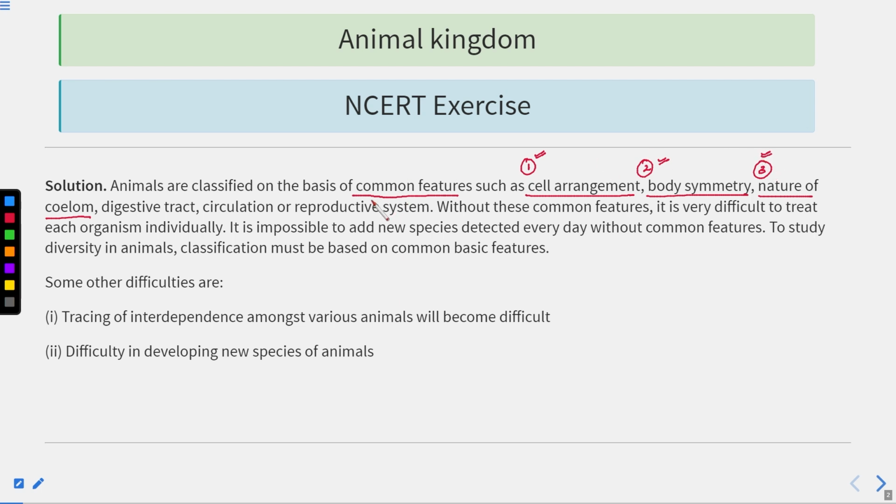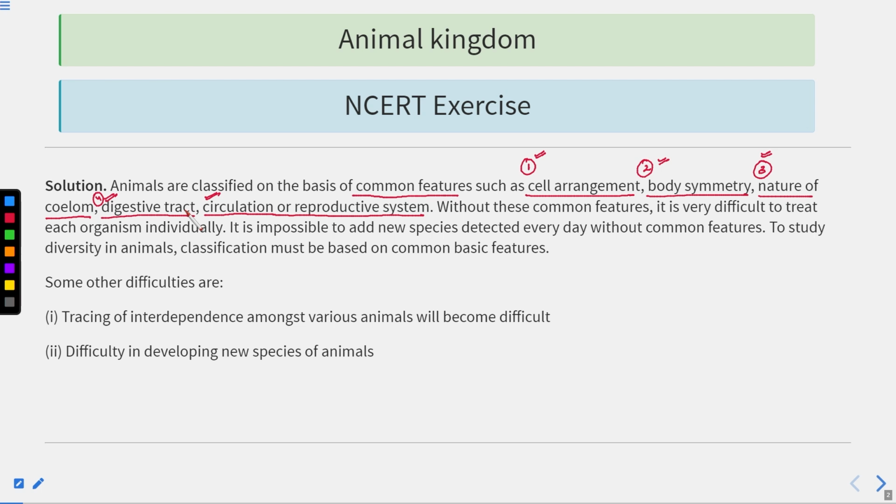So the animals are classified on the basis of some common features such as cell arrangement, body symmetry, nature of coelom, and digestive tract. This is also very important. Digestive tract, open or closed. Circulation or the reproductive system. We are also considering the circulation, that is open or closed type.